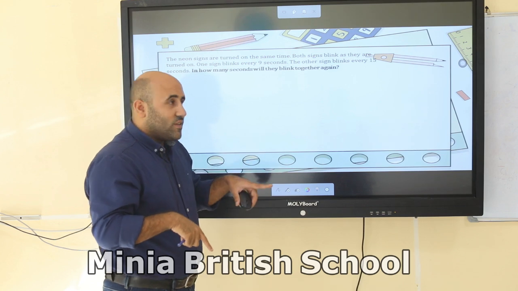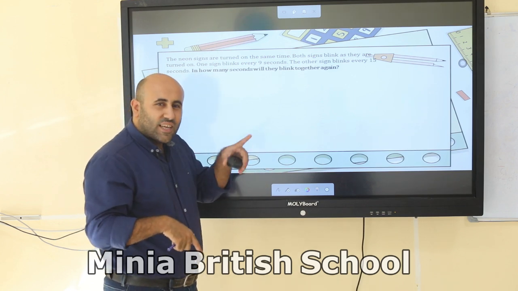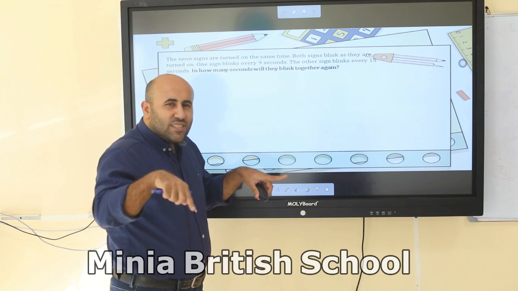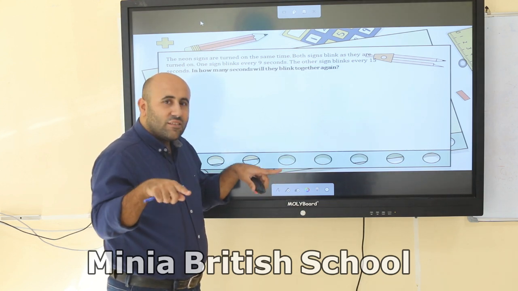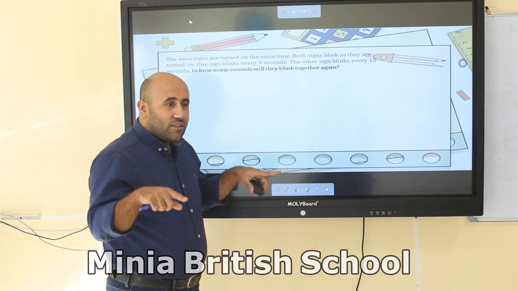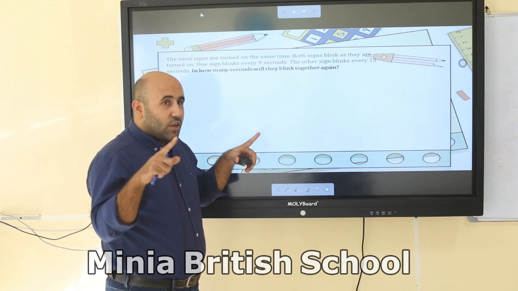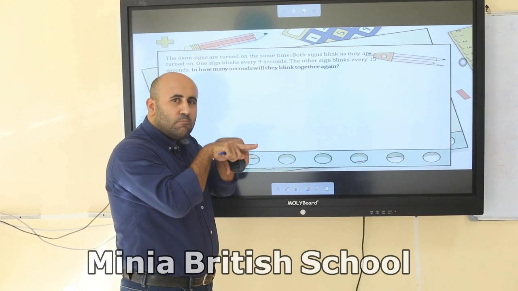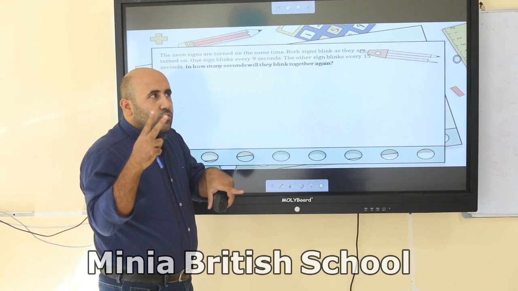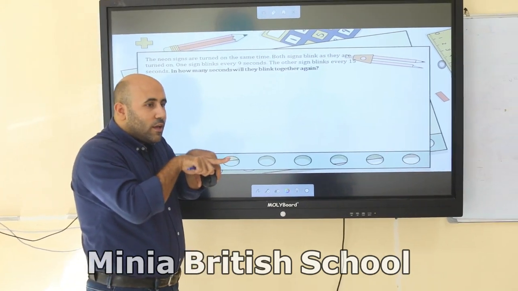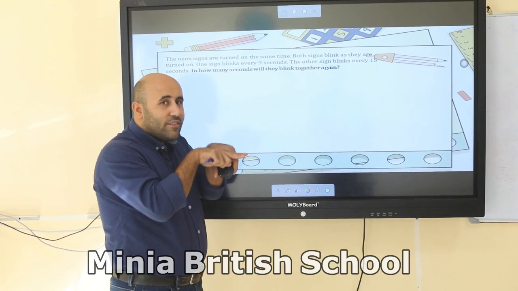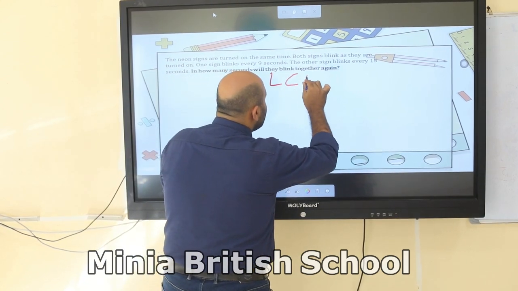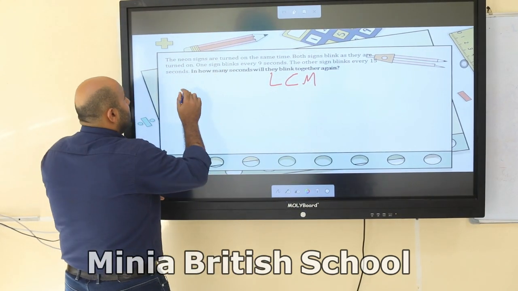I have two events. One sign blinks every 9 seconds. The second sign blinks every 15 seconds. So that means that they blink repeatedly. And I wanted to find out the time that they will blink at the same time. That means two things occurred at the same time. So I will use the LCM, and let's factorize the 9.